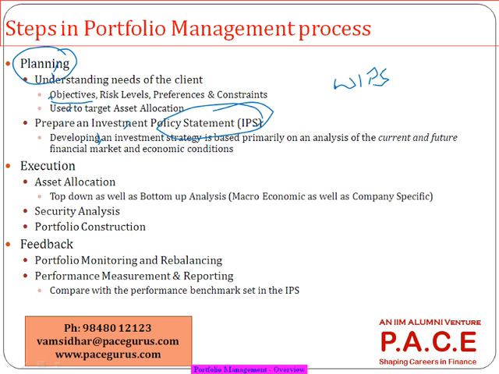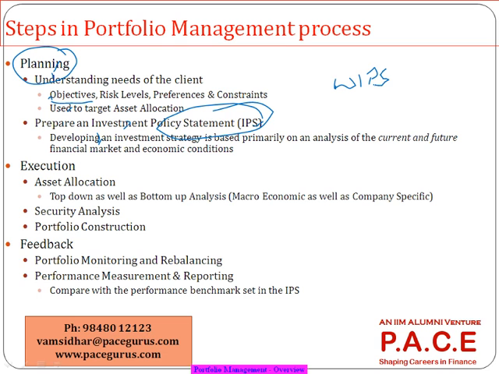Though it's not a contract, though it's not a guarantee, it at least sets a direction for me. Okay, this client, this is the objective, these are the constraints. So do I have any kind of securities or assets where the money can be invested for the client? That is what is happening at the planning phase.